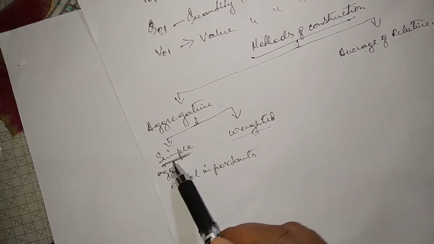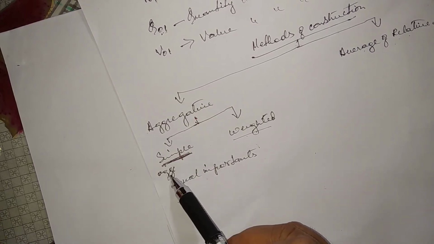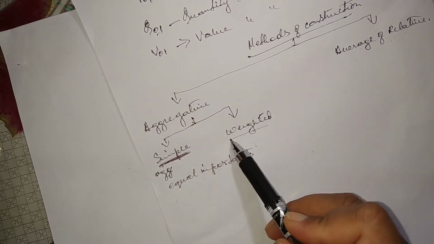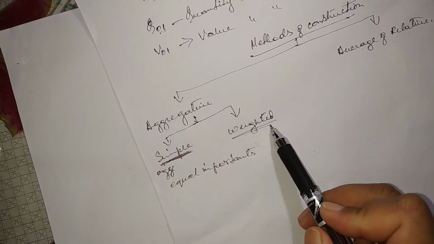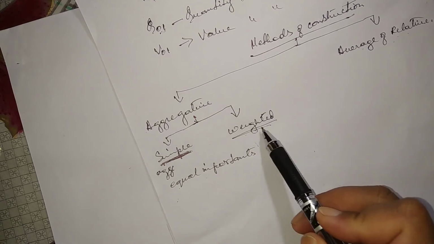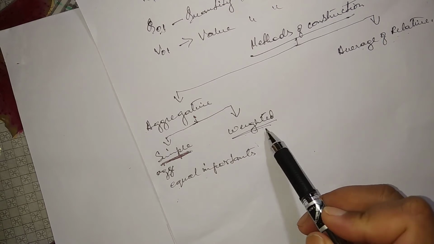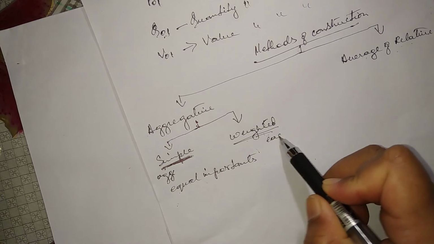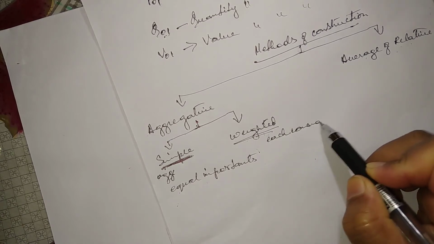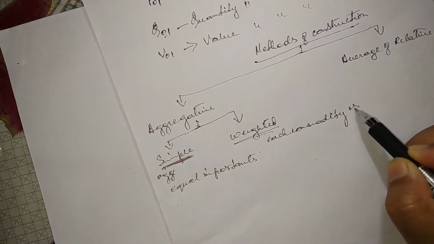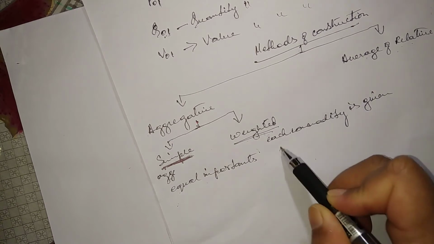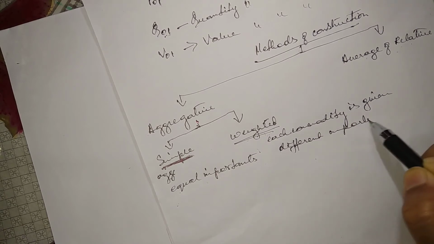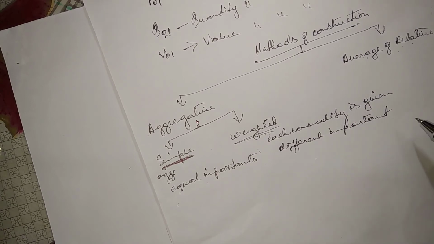That is the simple aggregate method. And weighted means each commodity is given different importance.